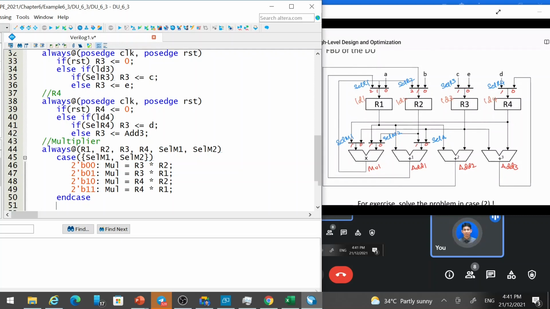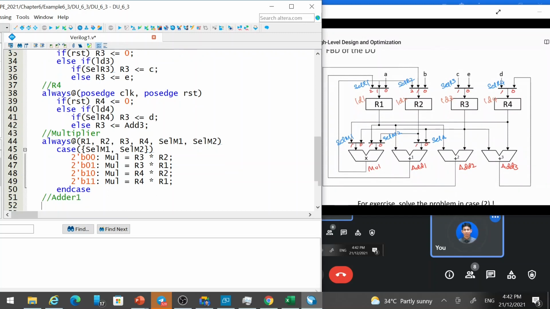So you can see that I will use the blocking assignment, right? Adder number 1, again use the behavioral modeling. So we have R1, R2, and we have R3.